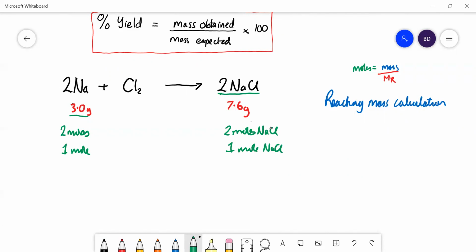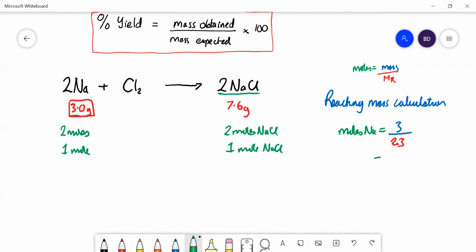Okay, so how many moles of sodium have we got? Well, we don't know how many moles, but we do know the mass. We've got 3 grams. So moles of sodium is equal to the mass, which is 3 grams, divided by the Ar of sodium, which is 23.